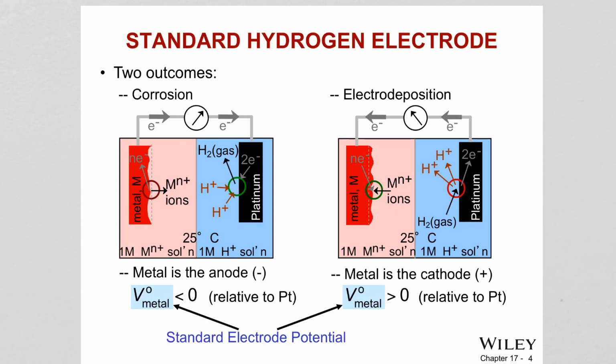You are seeing that you have a metal which is in red color, okay, and that is attached to a standard hydrogen electrode, which is platinum immersed in a solution where there are positive hydrogen ions. Okay, so this part is your standard electrode, which you use to measure the tendency of a metal to give up its electrons.